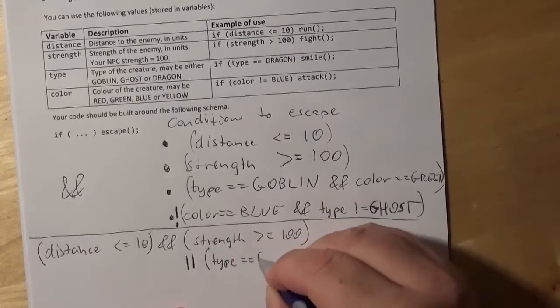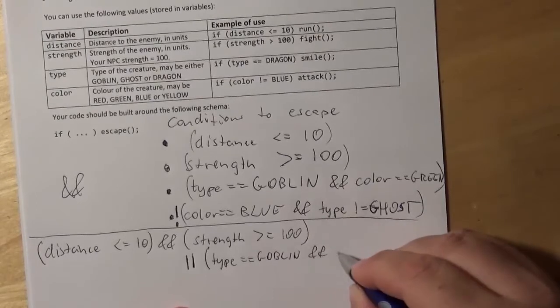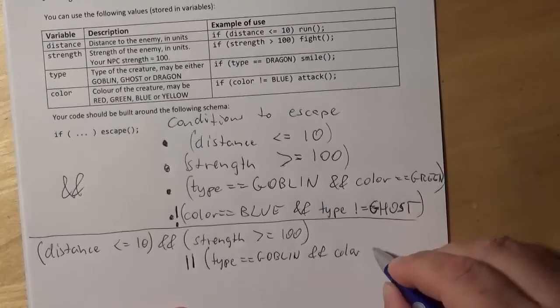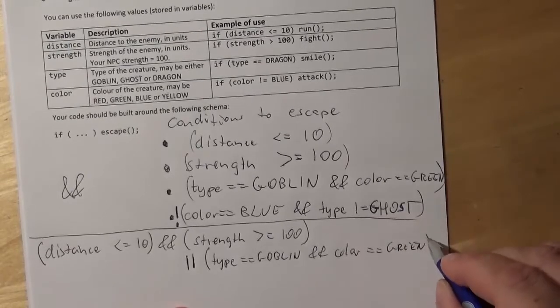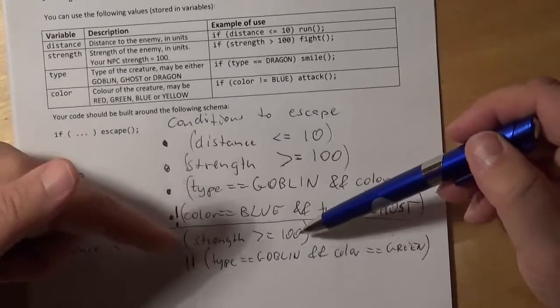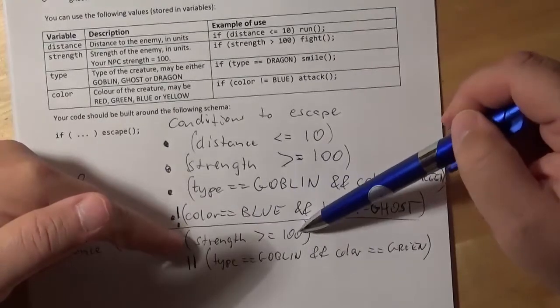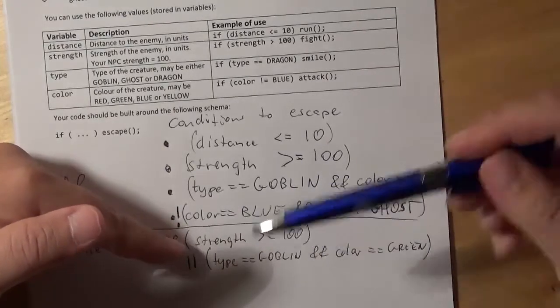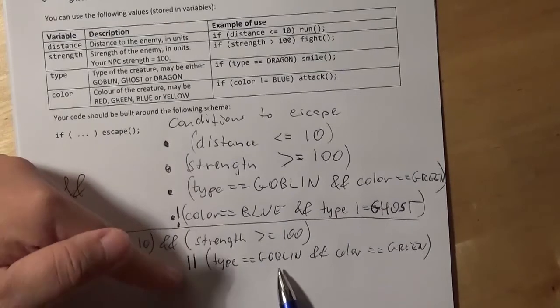Type equals goblin and color equals green. This is a very good moment to use a bracket because we have a complex condition here. Either strength is greater than 100, so either a creature is very strong, or this creature is a green goblin.